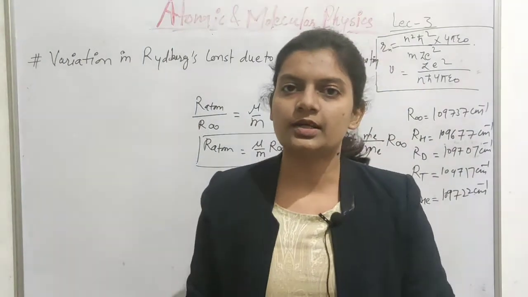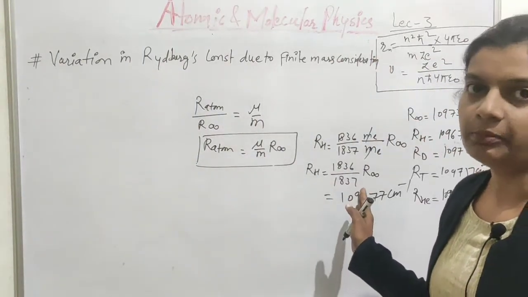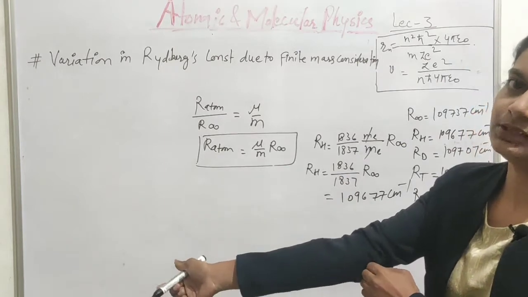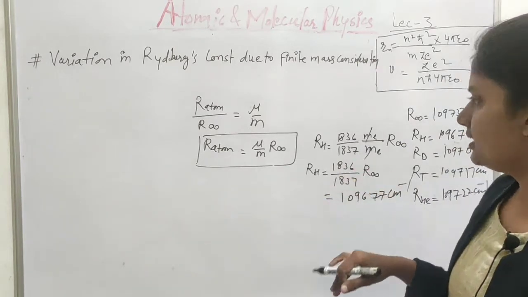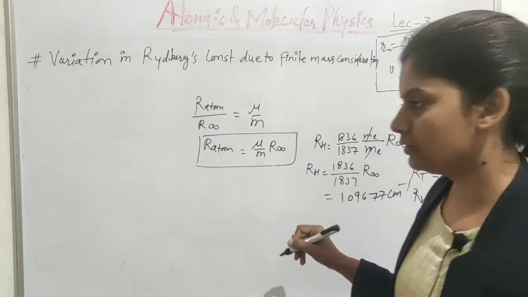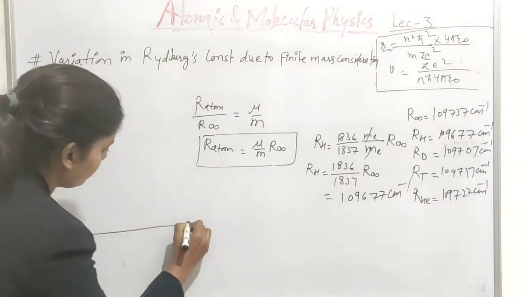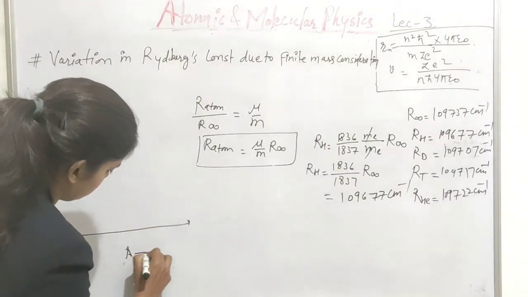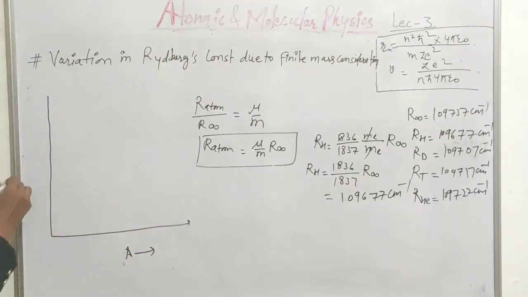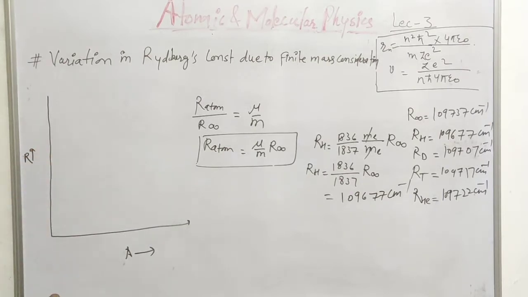If we sketch a graph between the value of Rydberg constant and atomic mass number, then we will see a type of variation. So let us see what the curve shows. If we take the value of atomic mass number on this axis and the value of Rydberg constant on this axis.